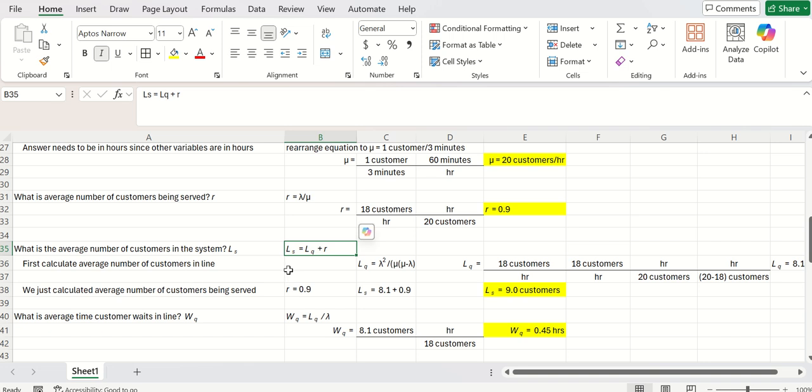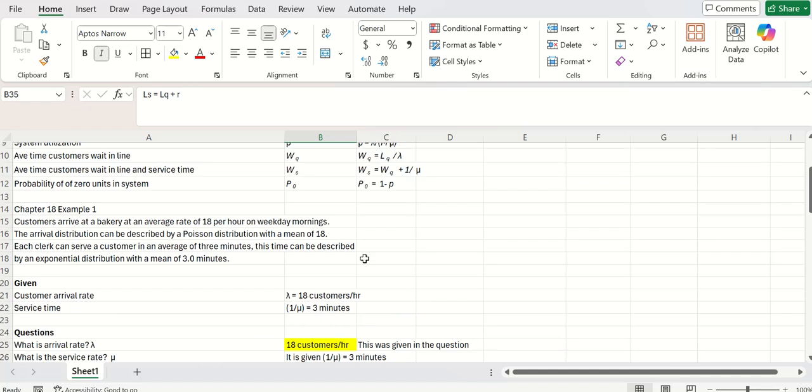So we have the average number of customers in the system, and then we have this L sub Q, and the L sub Q is the average number of customers just in a line. To find out the average number of customers in the system, L sub S, we need to first calculate the L sub Q because we've already calculated r. L sub Q, again, number of customers in the line.